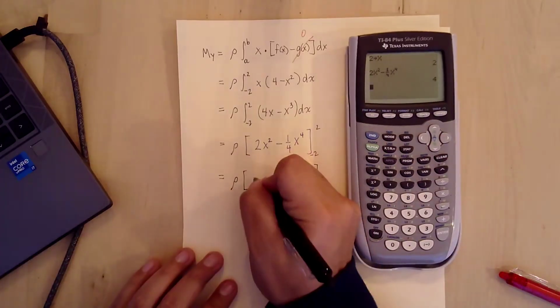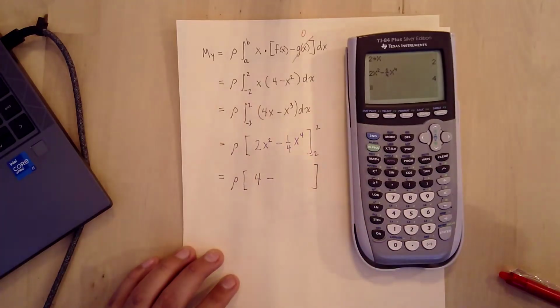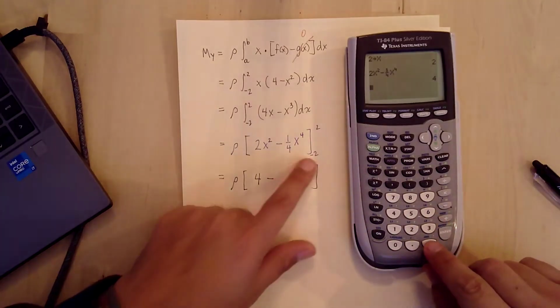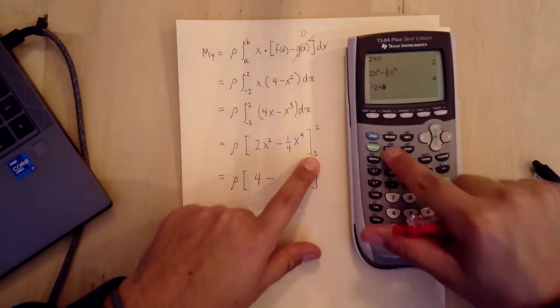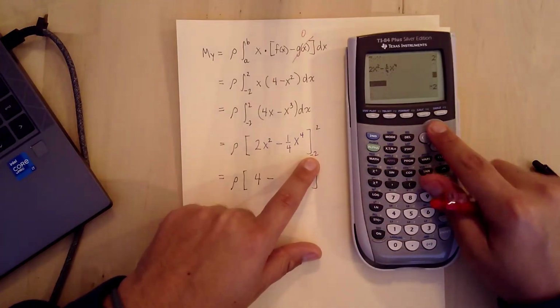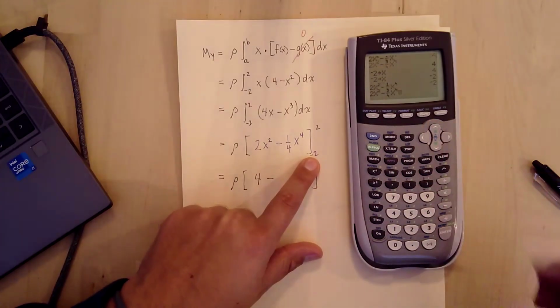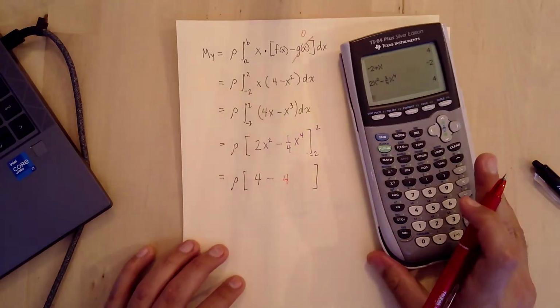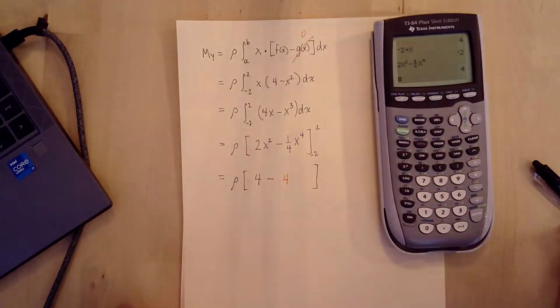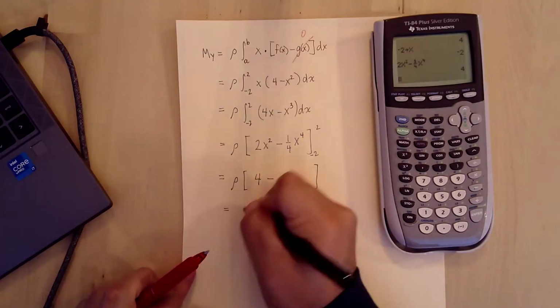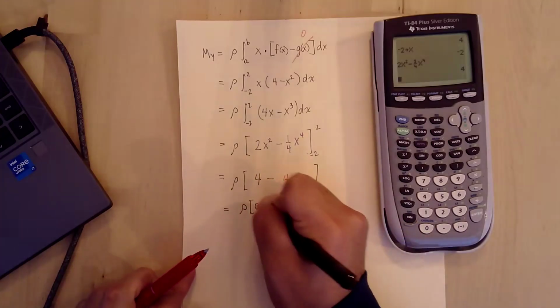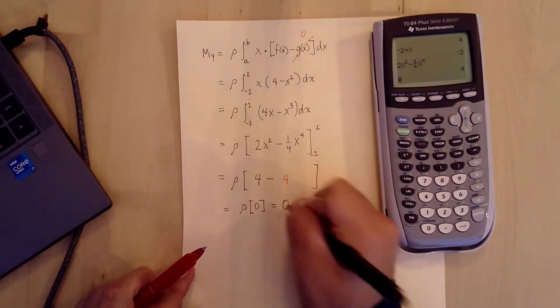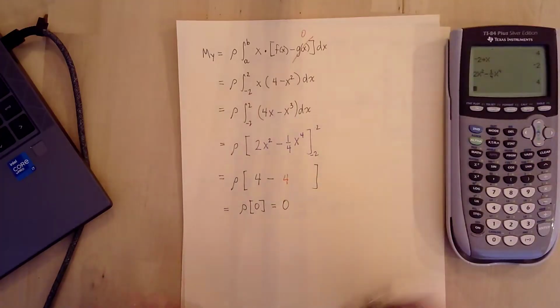And we get 4 minus, now we'll do -2 and store that as x, like so. And this is just going to be rho times 0, which is equal to 0. Okay.